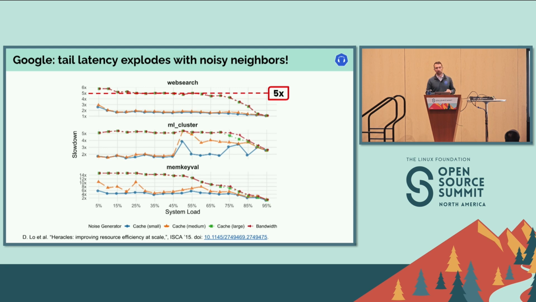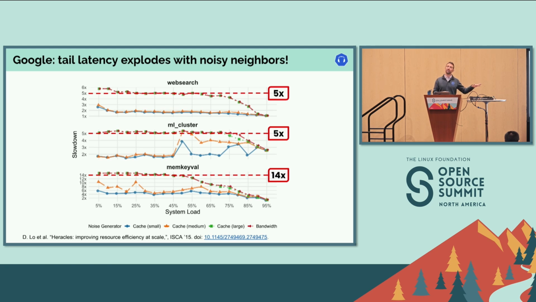In ML cluster, which is a machine learning text classification system that they run in production, they found also 5 times increase in latencies. And for memkeyval, which is an in-memory key value store, like memcache, they found up to 14 times increase in latencies. So this could be massive, the difference in performance.